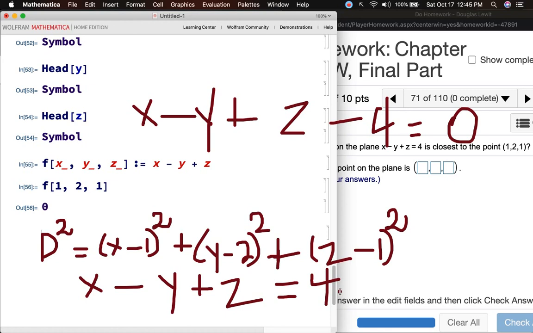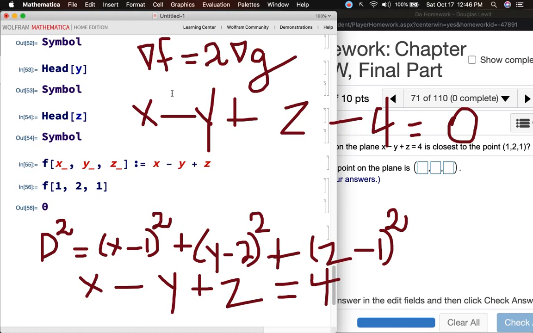Now, the rule when you're solving these problems is this. The gradient vector of f, symbolized by the upside down triangle, is equal to some constant, which in your textbook is called lambda, the Greek letter lambda, times the gradient vector of g.